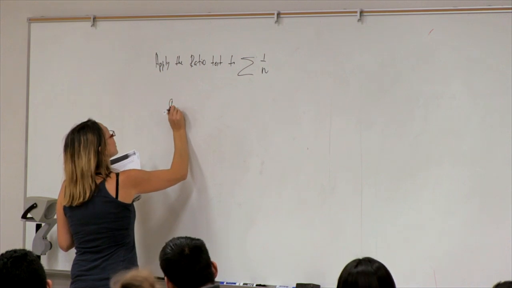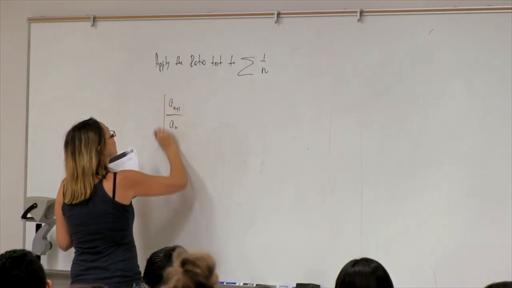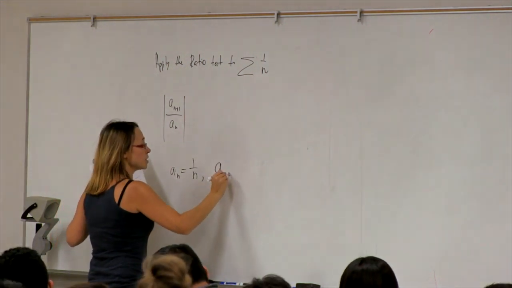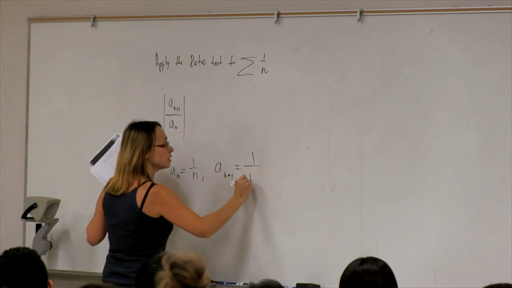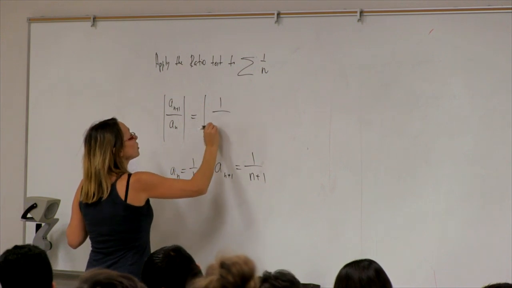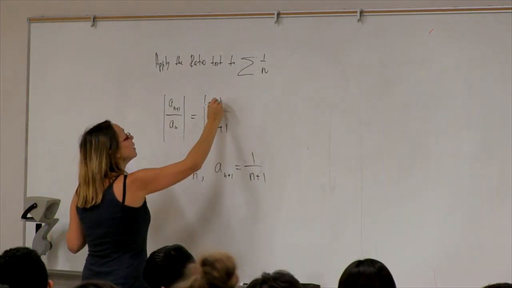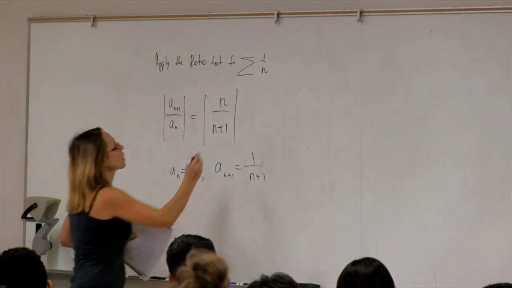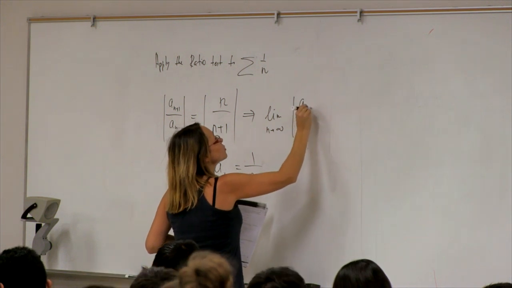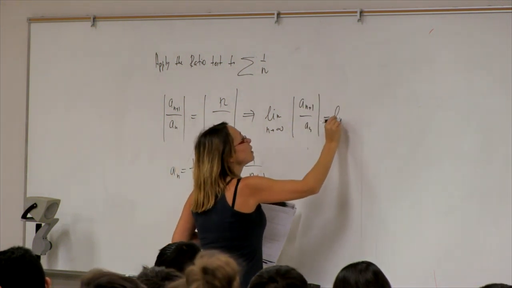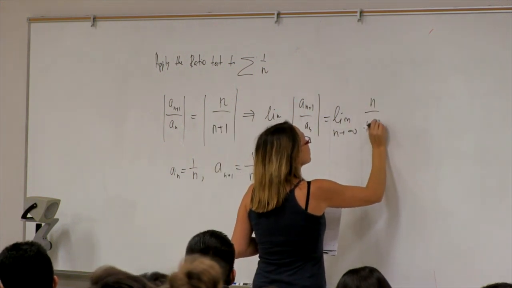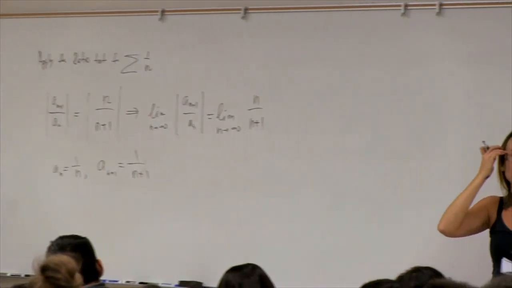So we need a_{n+1} over a_n. Let's do it step by step. What is a_n? That's 1 over n. For a_{n+1}, we replace n with n+1, so we have 1 over n+1, divided by a_n, like this. So the limit as n goes to infinity of a_{n+1} over a_n is the limit of n over n+1. I can forget the absolute values because everything is positive here.